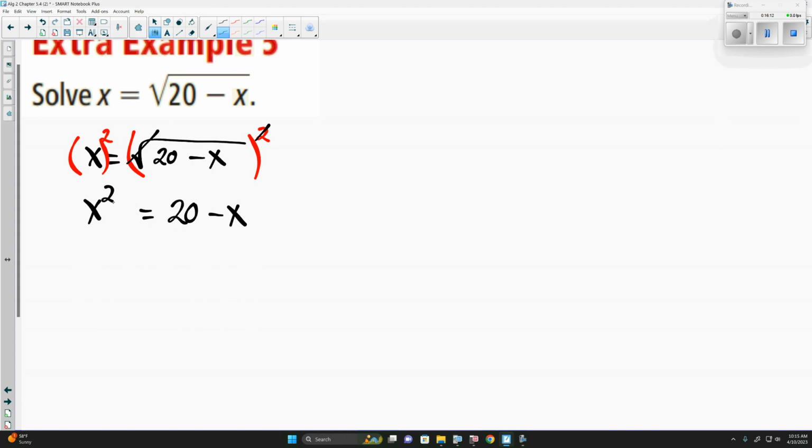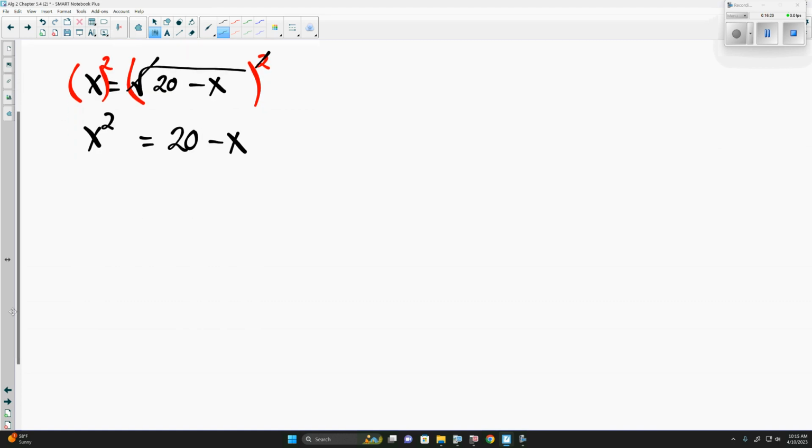All right, guys. Now at this point here, we have a quadratic. We know we have a quadratic because of the x squared term. And since we have a quadratic, we need to get this equation equal to 0. So there's different things we can do first. We could add x to both sides.